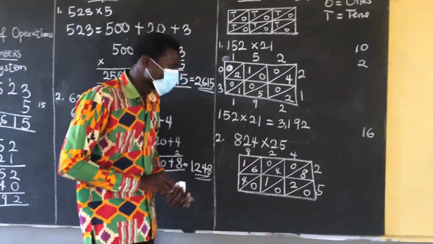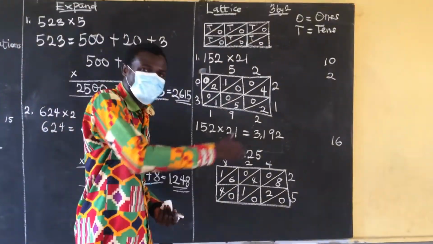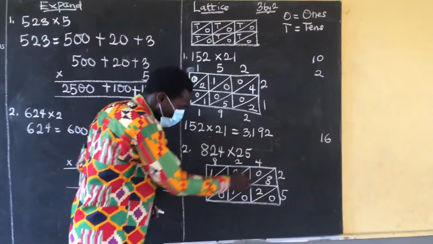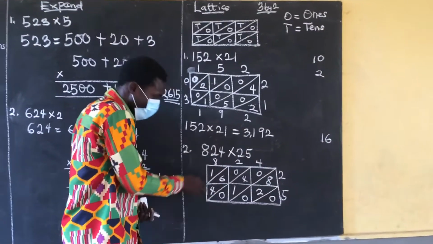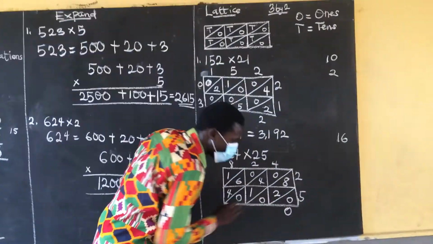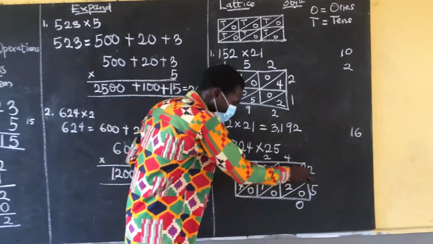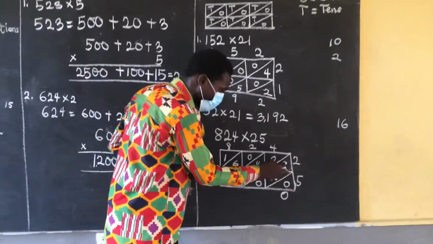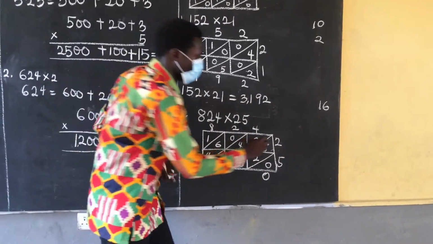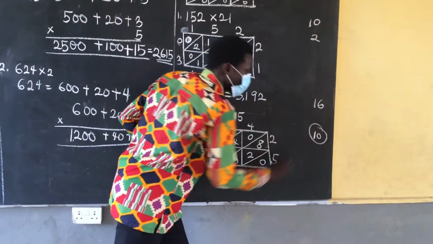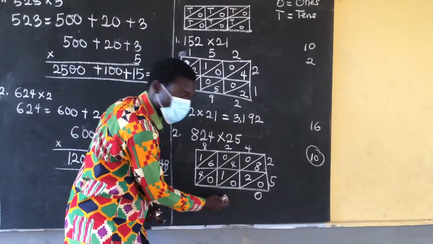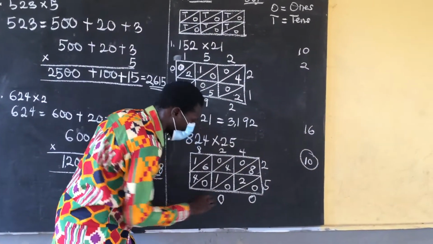When you are done, you add the numbers diagonally. This, and that. The number here is only 0, so I'm going to write it. In this diagonal, I have 8 plus 2 plus 0. 8 plus 2 plus 0 will give me 10. This 10, I'm not going to write all the 10 here, but rather I'll record the ones column.